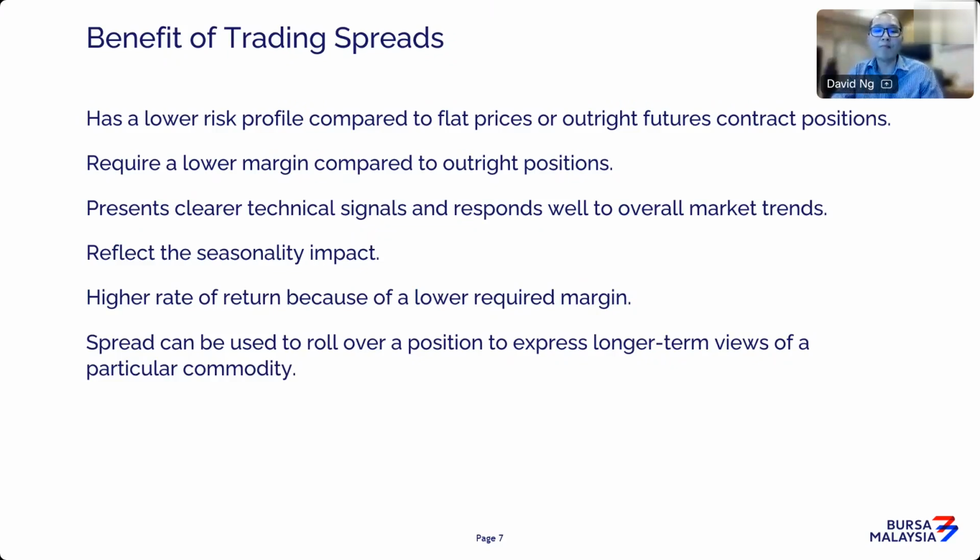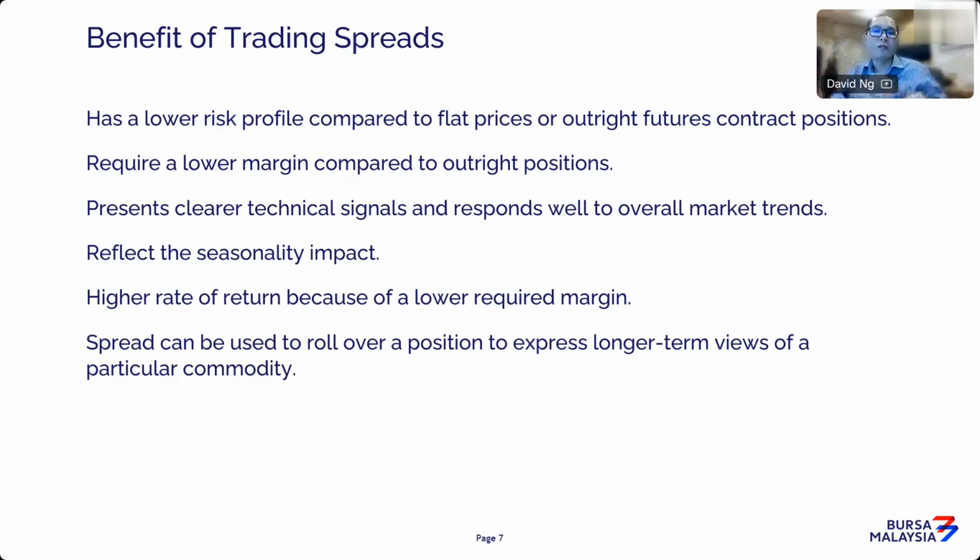Now, seasonality impact is one great thing. If you look at time spread or calendar spread, if you look at CPO on a whole 12-month basis, there's always a period of time where prices tend to be weaker, which usually coincides around June, July, August, or September, and I'm going to share with you the reason why. And usually the period that's very strong in the CPO market is November, December, January, February.